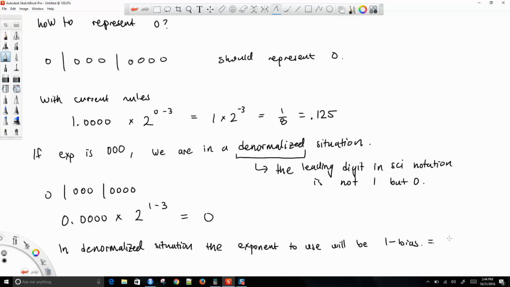So in this case, that's negative 2. So basically, if the exponent is all zeros, then the leading digit is 0, and the exponent to use is 1 minus the bias.